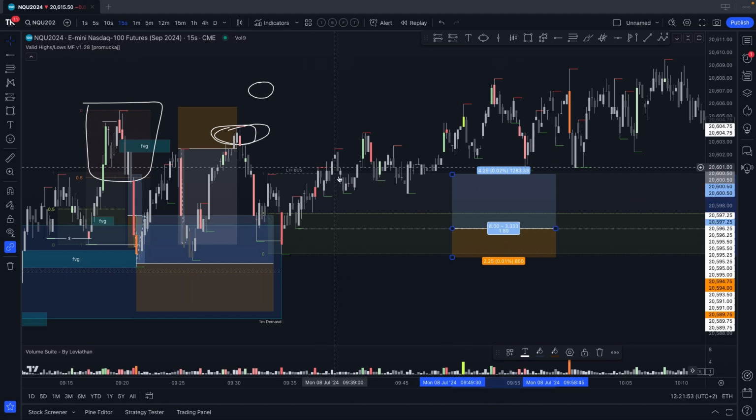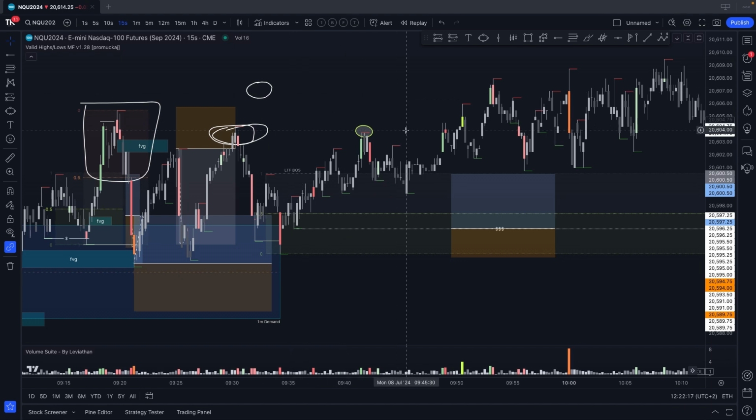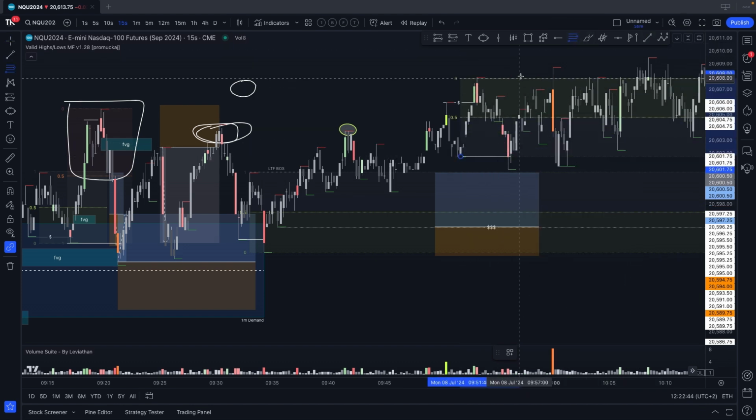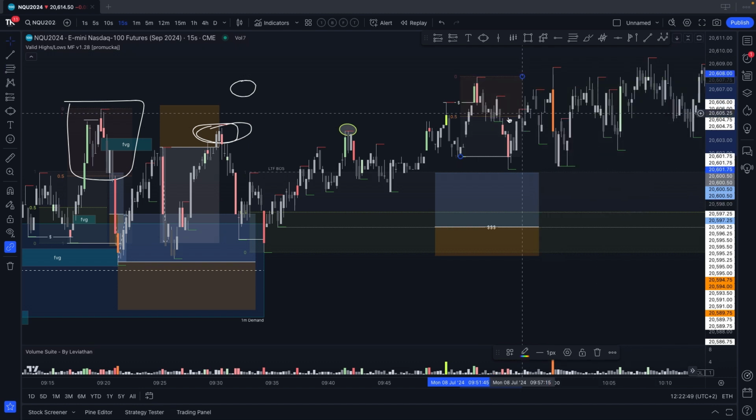But let's go on. No liquidity here because we have equal highs, which is a level in which price usually goes retesting to grab liquidity. So we move. So this is liquidity here. We broke this low, so the zone is this one, where we can enter just here.